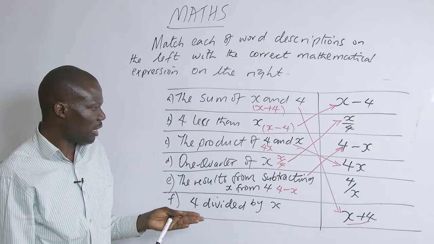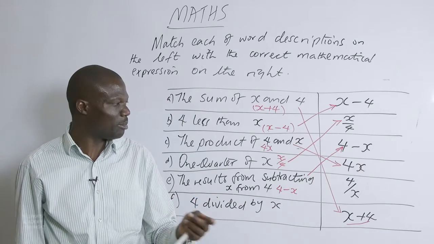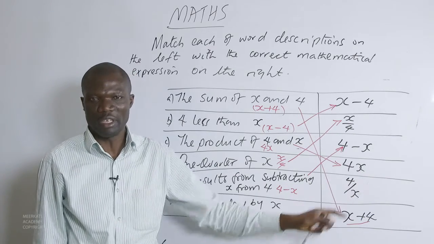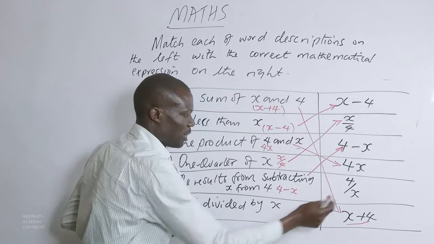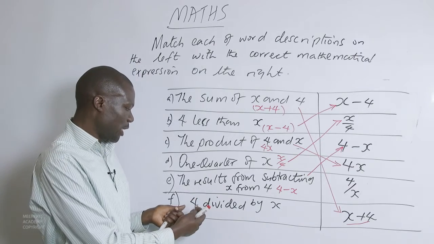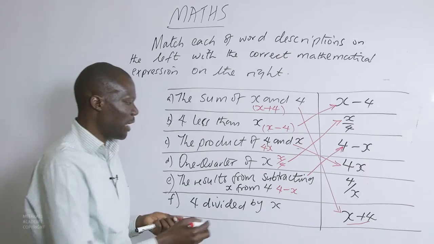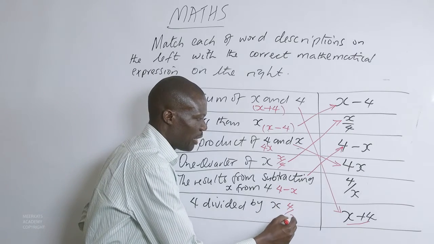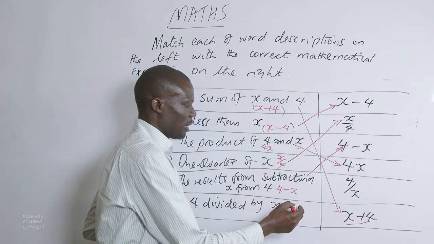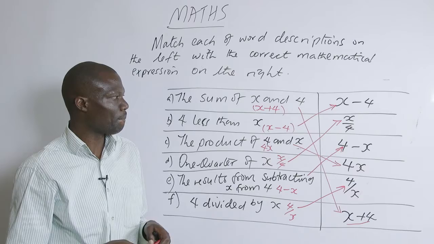The last one, which you even do not need to do, but look at the unmarked fields and you match it. And we already have this one as the field that is not touched. But otherwise, it says 4 divided by x. 4 divided by x is simply 4 over x. So we shall look for an expression which is 4 over x, and you'll find that the match is right there.